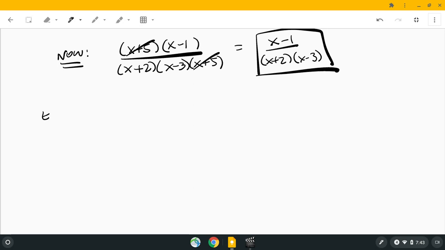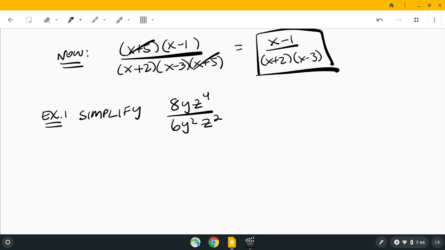All right, let's take a look at this. Let's go ahead and simplify. Suppose that I have 8yz to the fourth over 6y squared z squared. Starting with the numbers, we know that they have 2 in common. So if you divide them both by 2, you get 4 over 3.